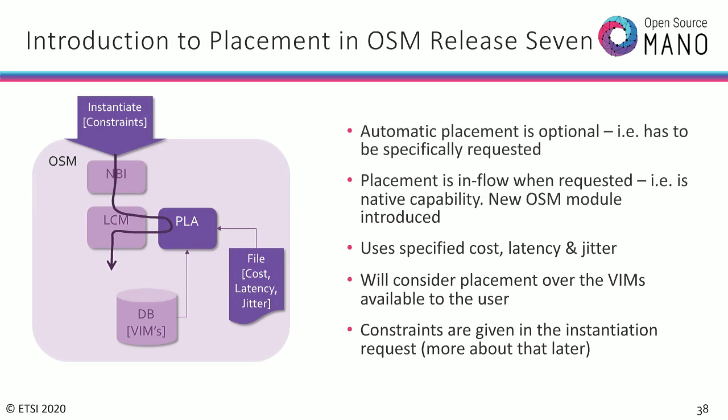You give whatever constraints you want to apply, if there are any, as parameters, and the optimization engine uses the configuration file where the description of the infrastructure or parameters of the infrastructure is defined. So it will consider placement over the VIMs that are available to the user. Some users may not have access to all VIMs, so it will take that into account.